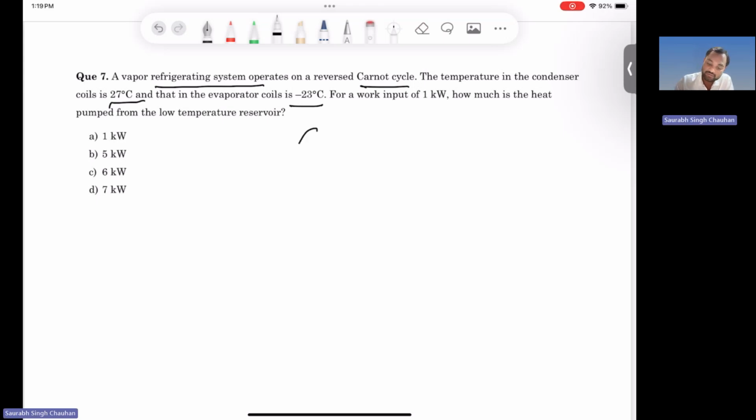So you have a low temperature reservoir. Some heat is pumped out, and you are giving some work input.